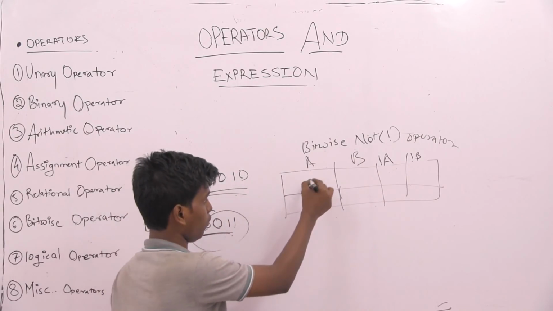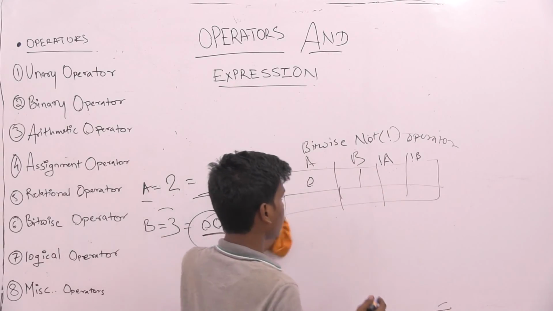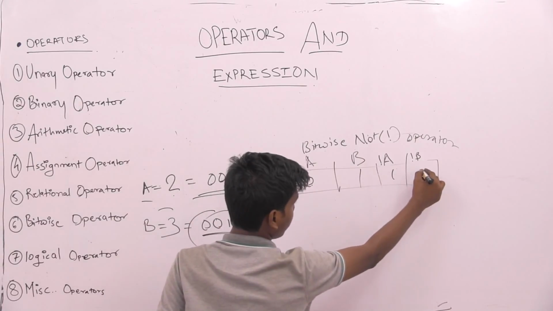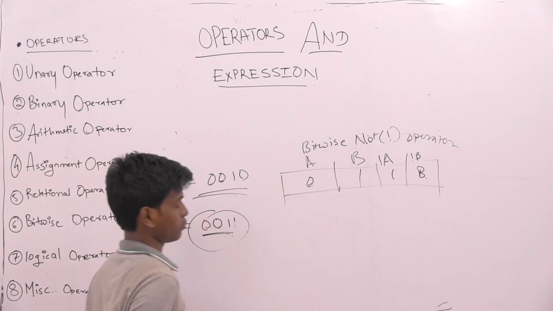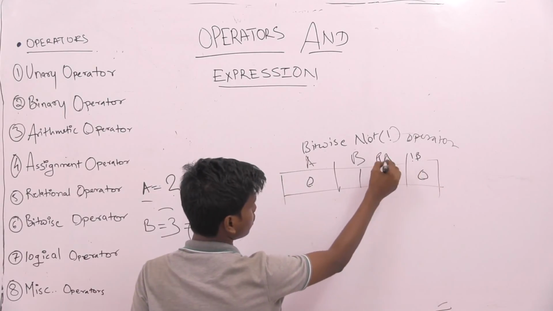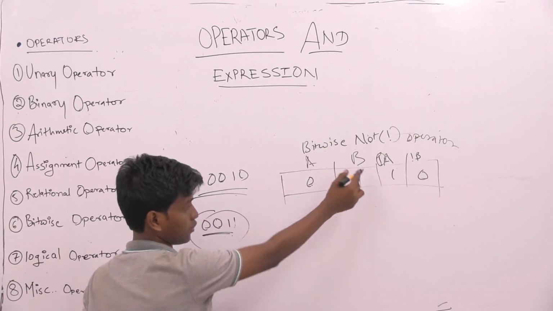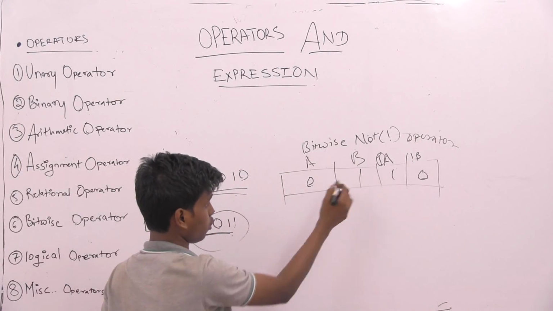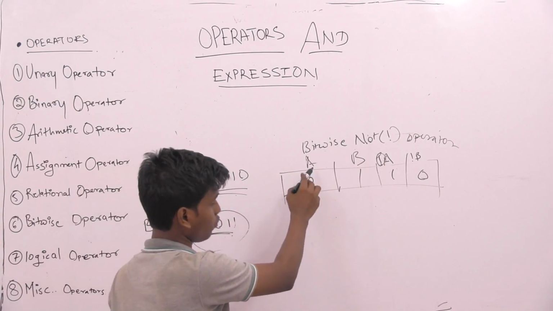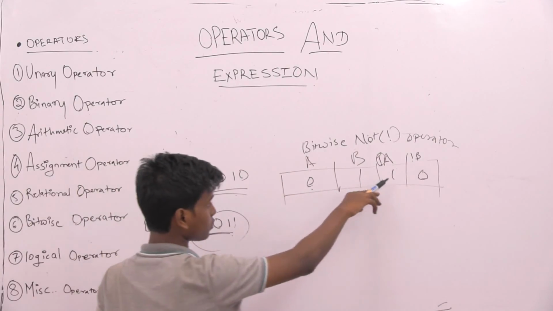So if the value of A is 0, then the value of A becomes 1, and if the value of B is 1, then it becomes 0, as we have used here the bitwise NOT operator.